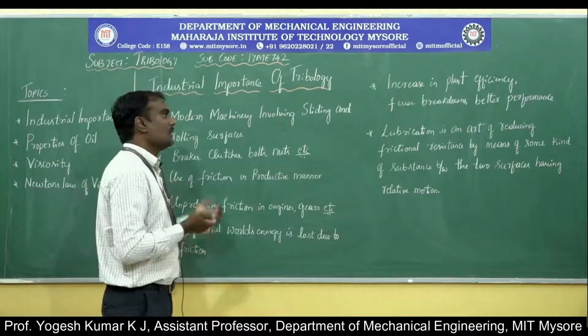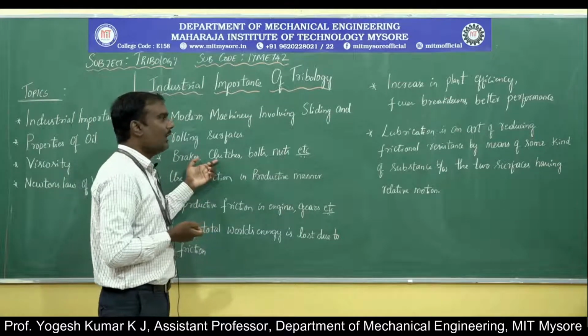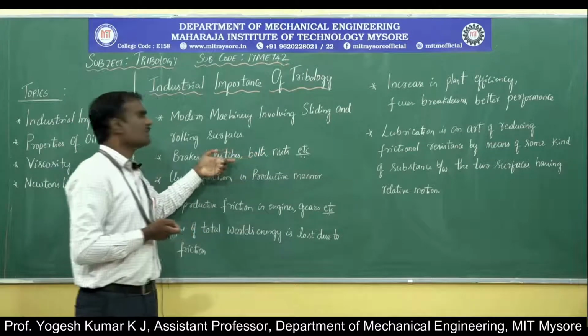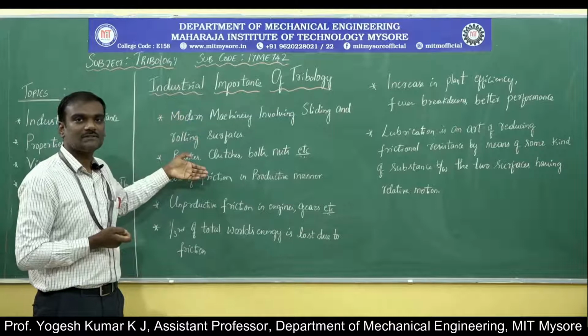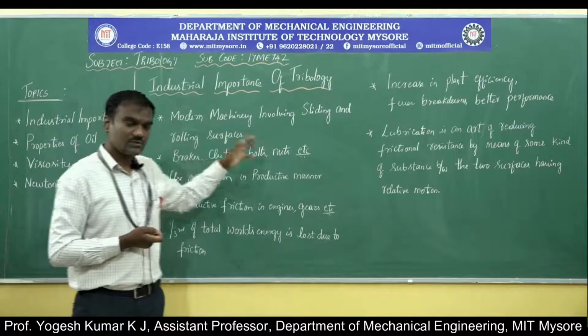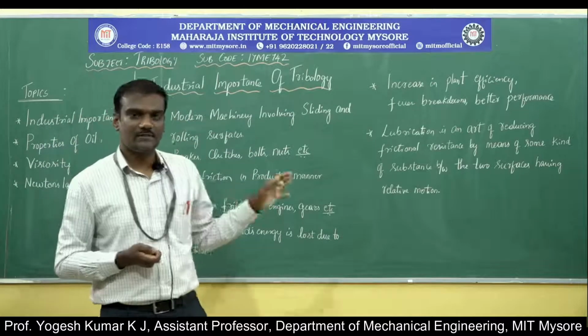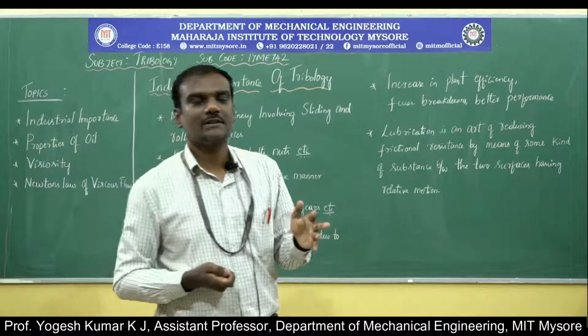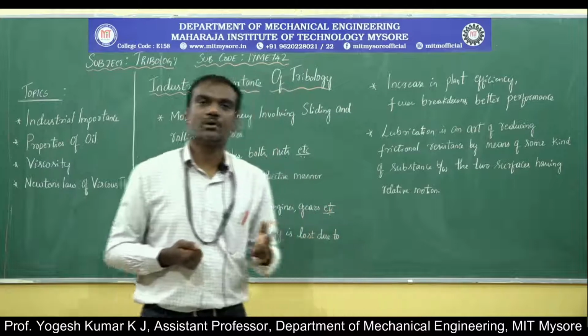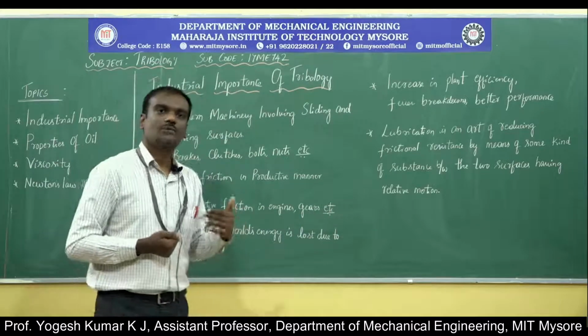This also is a part of tribology. All these have a huge influence in modern machineries as well as the vehicles we use, where sliding, rolling, and many other activities happen: nuts and bolts, brakes, clutches, and so on.